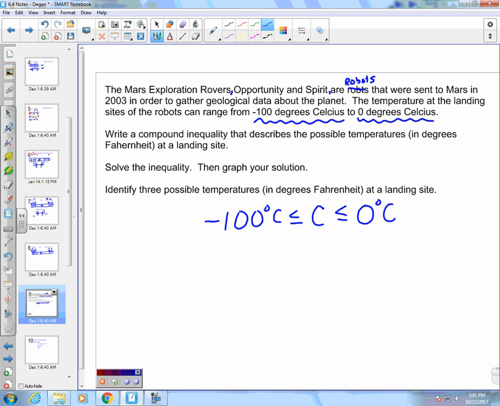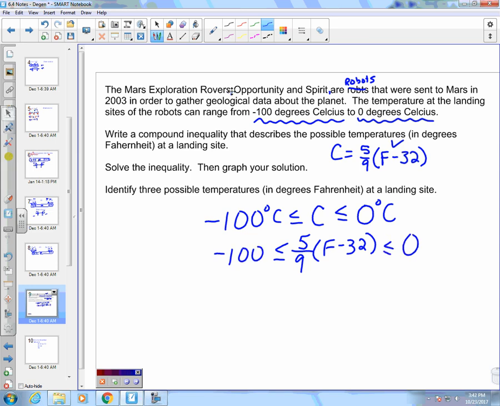Now they want us to have a compound inequality that describes the possible temperatures in Fahrenheit at the landing site. Well, you should know that Celsius is equal to 5/9 times Fahrenheit minus 32. So I'm going to substitute what Celsius is equal to, 5/9 times Fahrenheit minus 32, into our compound inequality.